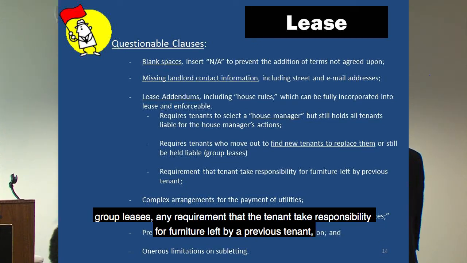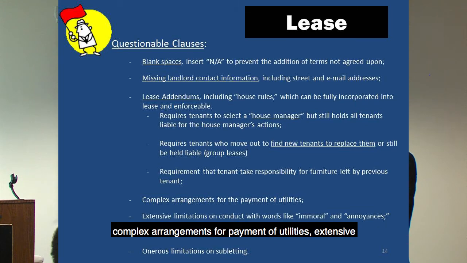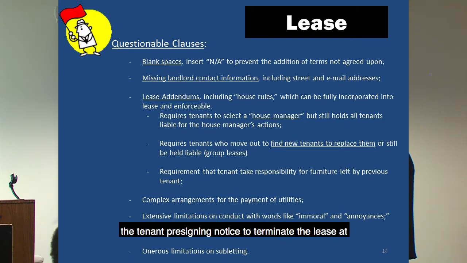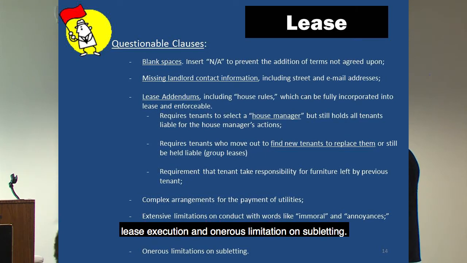Any requirement that the tenant take responsibility for furniture left by a previous tenant, complex arrangements for the payment of utilities, extensive limitations on conduct with words like immoral and annoyance, the tenant pre-signing a notice to terminate the lease at lease execution, and onerous limitations on subletting.